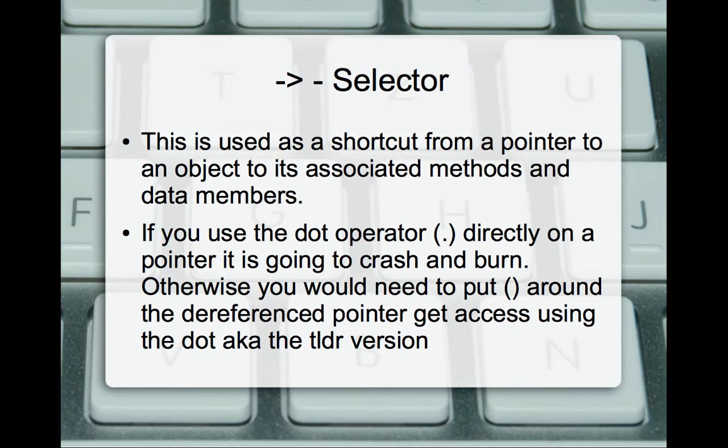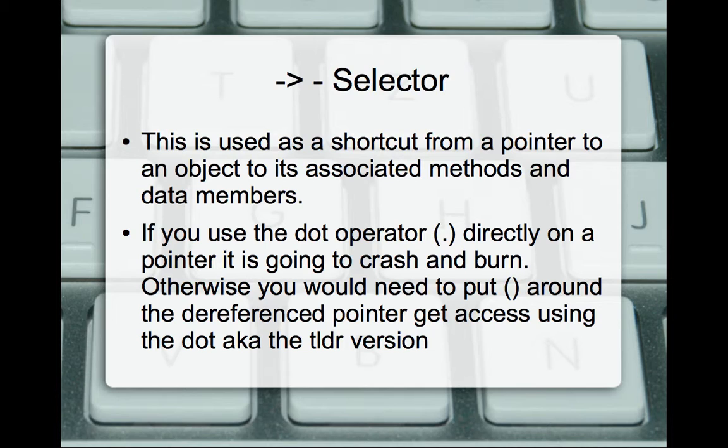It's the TLDR version, because otherwise we have to put parens around the dereference operator and the variable name, and then do the dot on that. Versus we can simply do the name of the variable that's a pointer, the selector operator, and then go into either its method or data member calls.